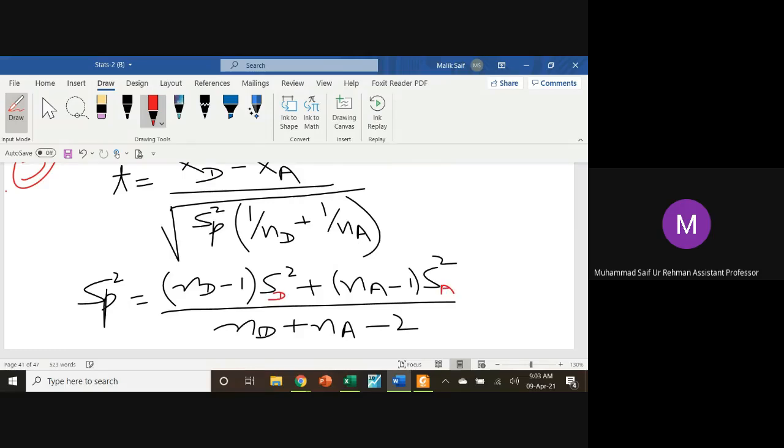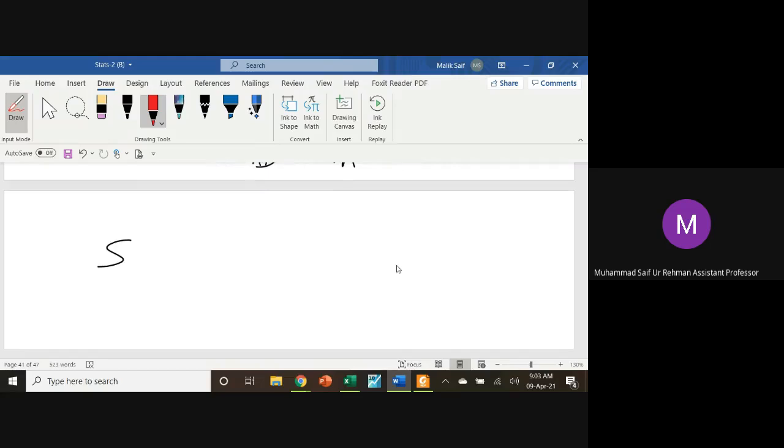So this is basically S1 and S2. D is for day shift, and A is for afternoon shift. So what will be the value for SD square? SD square will equal summation (xd minus xd bar) whole square divided by nd minus 1, its own degree of freedom. So this is the formula for SD square.